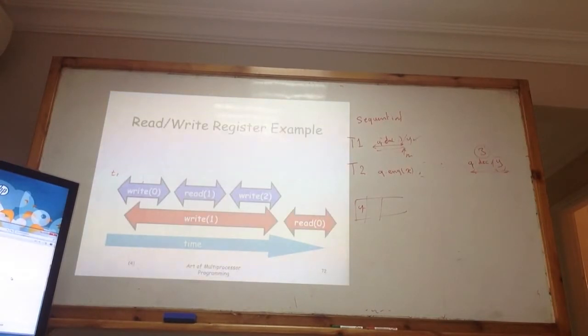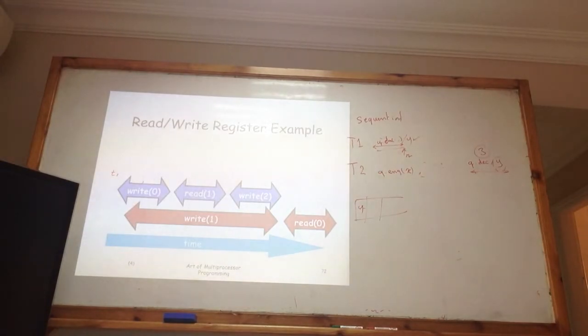Another example, this is a read-write register example. It's write 0, read 1, write 2. And this one is write 1, then read 0. Is this linearizable? Yes. How? I can make write 0.